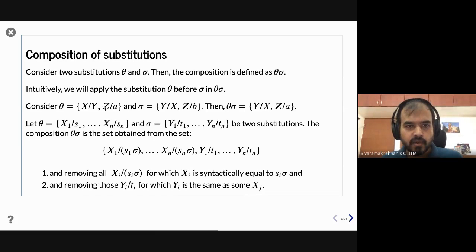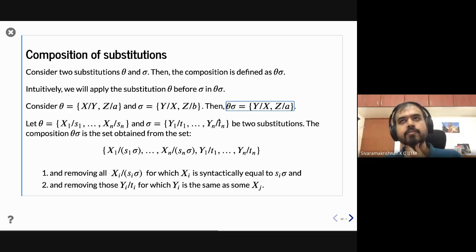So we remove z slash b from the final one because there happened to be a z slash a in the first substitution. So if you apply this algorithm, whatever is written down here, you will go from this example to what we have here. So that is composition of two substitutions.